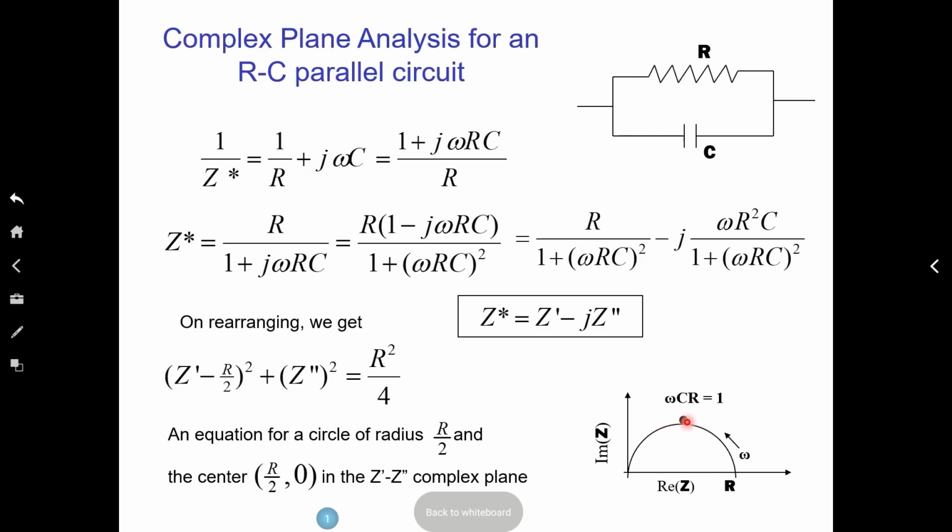So at that, omega times C times R has to be equal to 1. This is the mathematical condition that will come from circuit analysis. If that's true, then you know R, you already know the peak frequency of the device, and in total you can compare that.